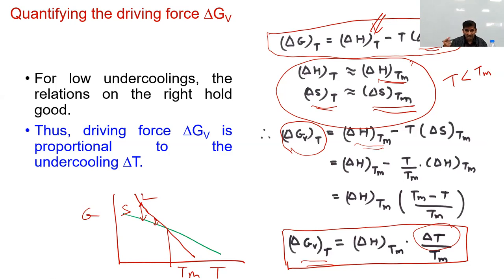The free energy difference between parent and product phases, here the liquid and solid, is linearly proportional to delta T, the undercooling. This is temperature T, so this difference is delta T, and this difference is delta GV. Okay? Yes, sir. Fine.